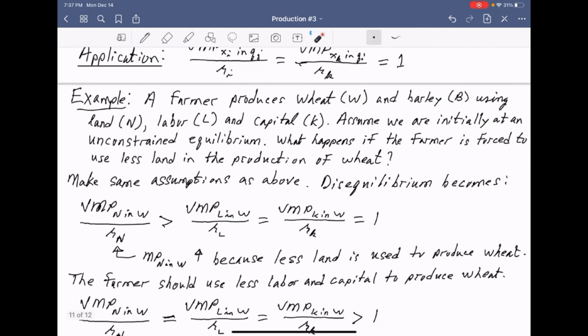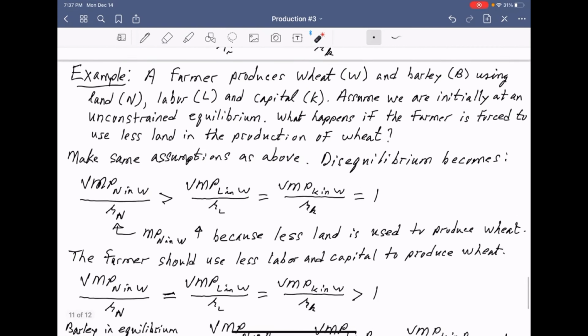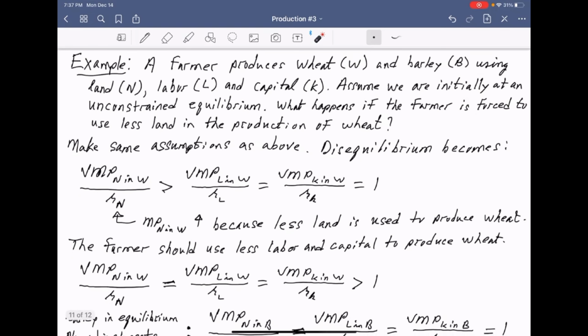So let's assume that a farmer produces wheat and barley using land, labor, and capital. Notice we denote land with an N. Assume we are initially at an unconstrained equilibrium. What happens if the farmer is forced to use less land in the production of wheat? Well, we make the same assumptions as we did a bit earlier.